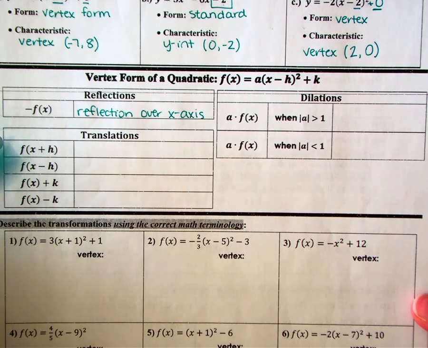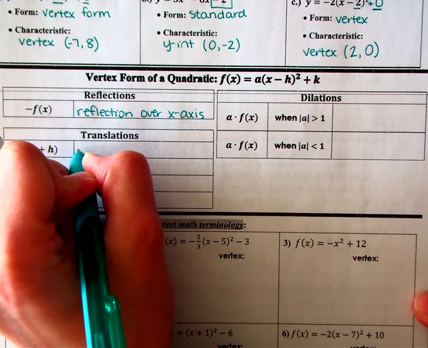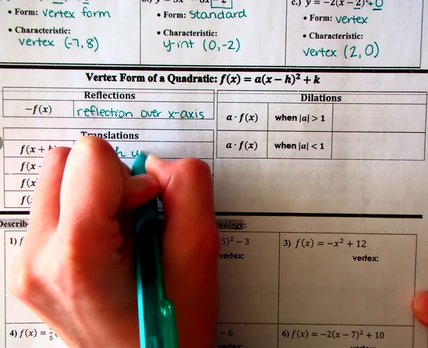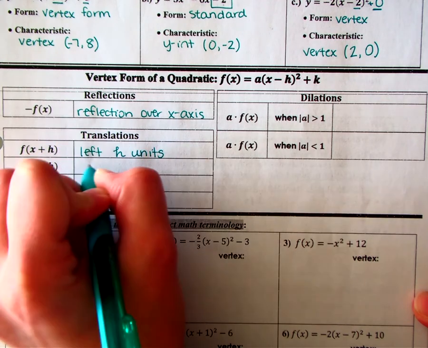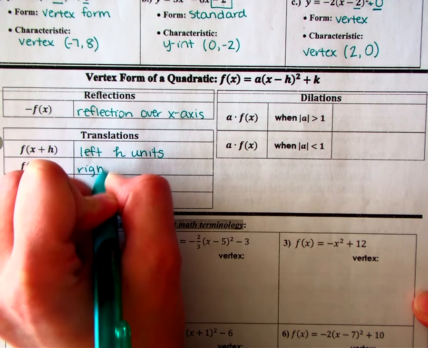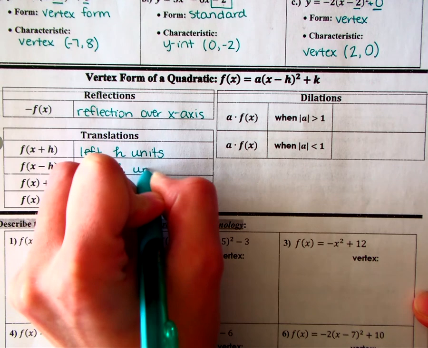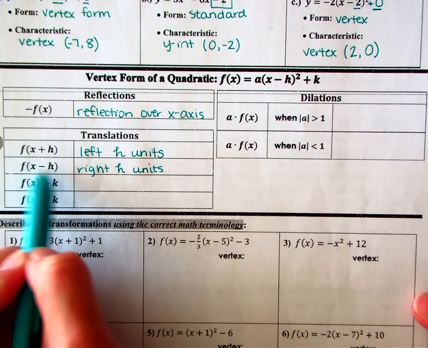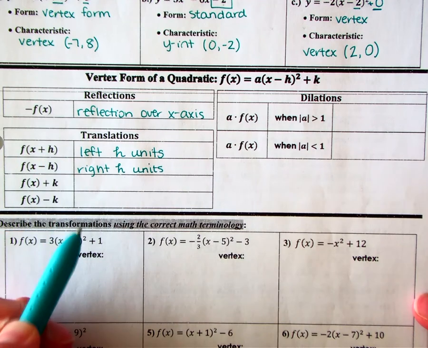And then, depending on what our h is doing, if it's positive, my function is translated left h units. And if it's negative, we go to the right h units. So that's inside the parentheses, we shift horizontally left and right.